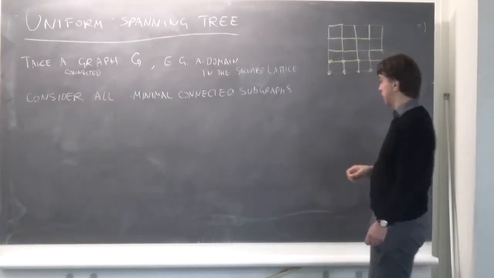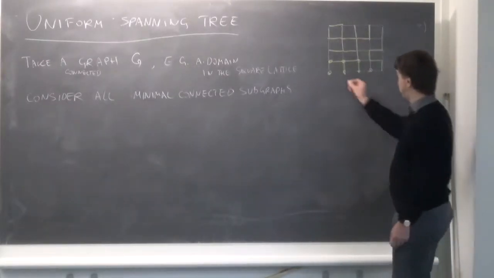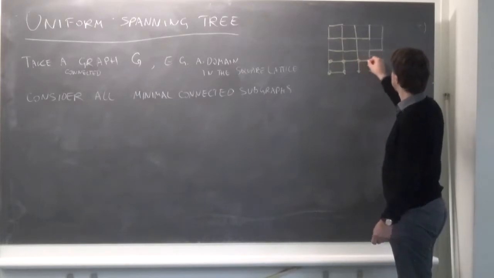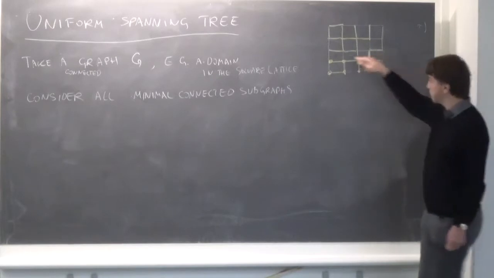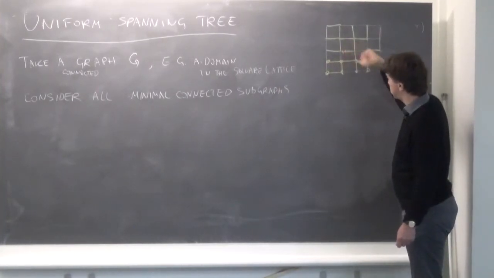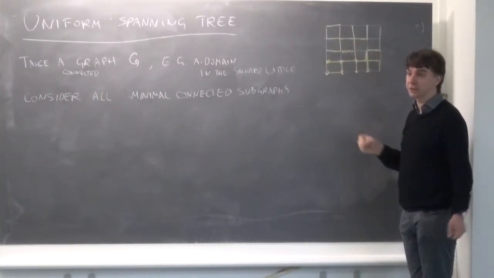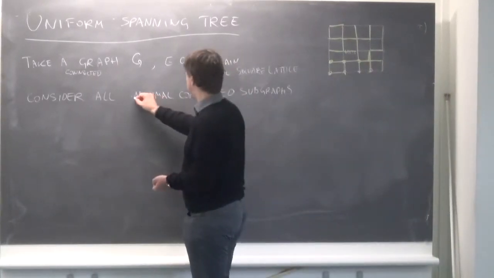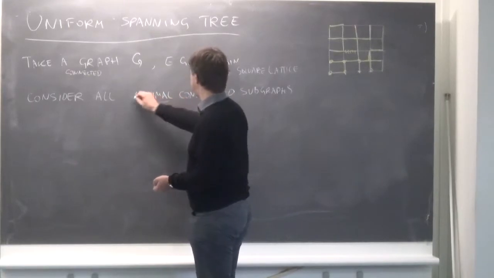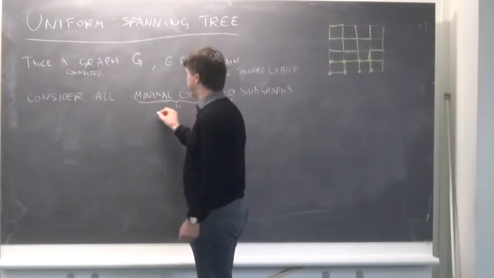So I need to add some edges. Now this graph is connected, but it's no longer minimal because it has cycles. So I can, for example, delete this edge, and it still is connected. So minimal connected is the same as a covering tree.